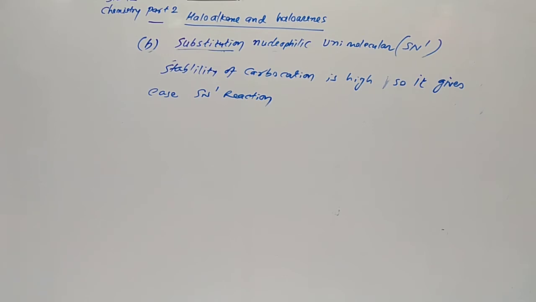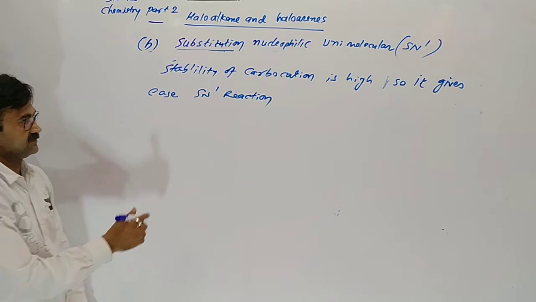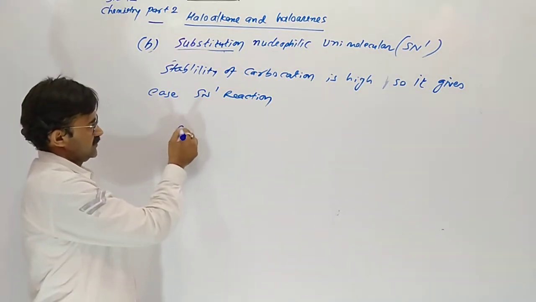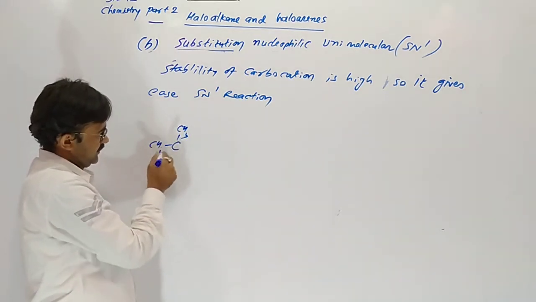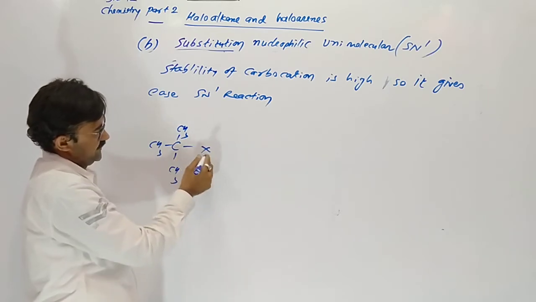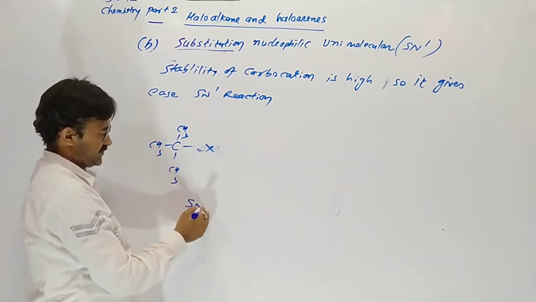So tertiary alkyl halide gives the fastest SN1.